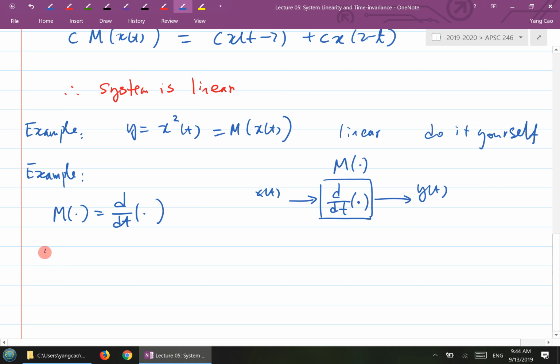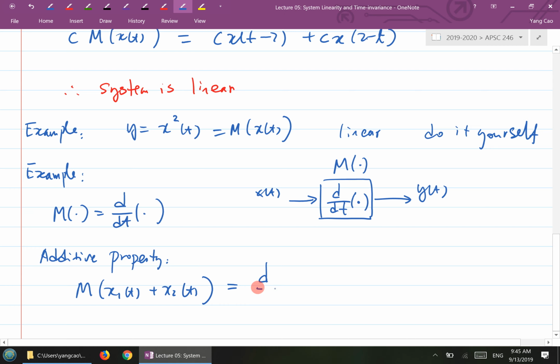First, the additive property. The additive property has one left side and one right side. We check the left side, meaning we change the input from x of t to x1 of t plus x2 of t. Because this is an operator, it operates on whatever the inputs are, and you plug it into the brackets there.